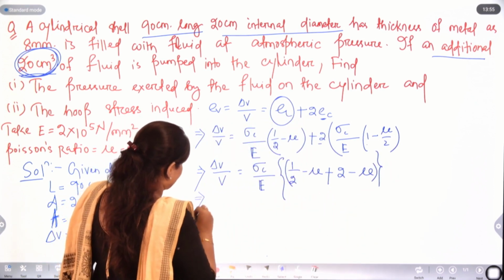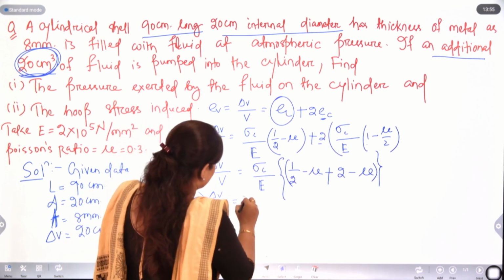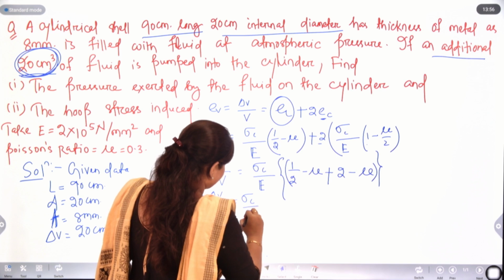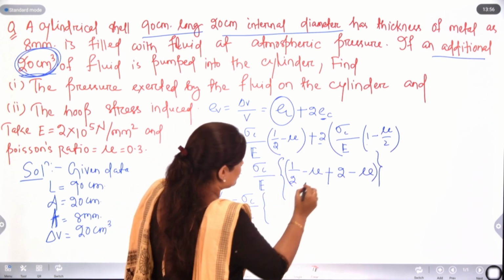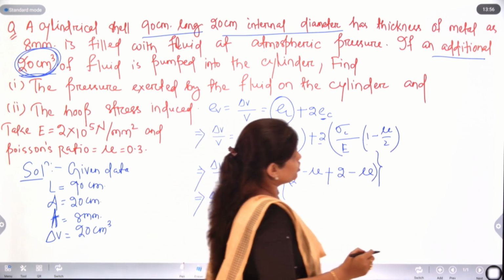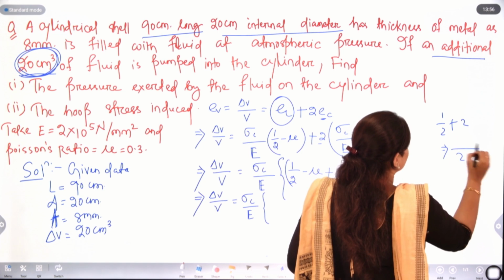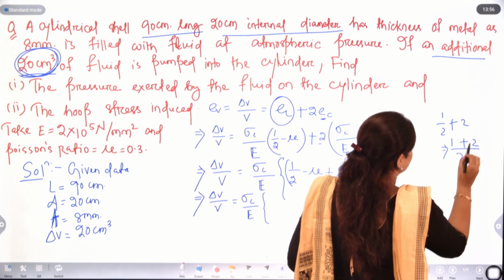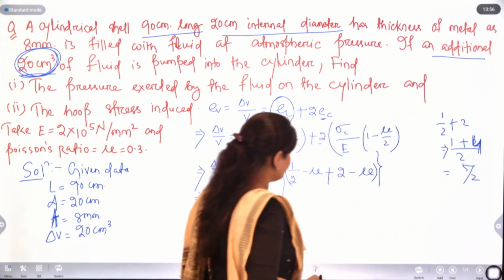So, next we will get what? Half plus 1, so we will calculate it here also. 1 plus 4, 5 by 2.